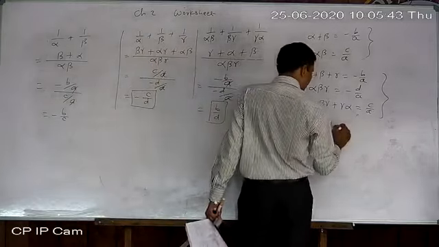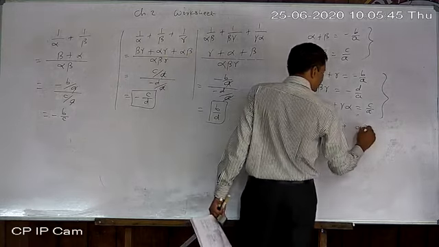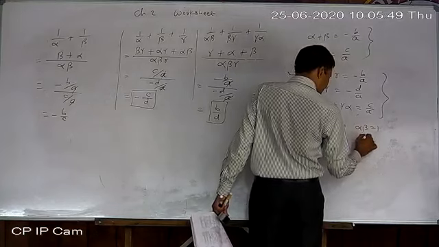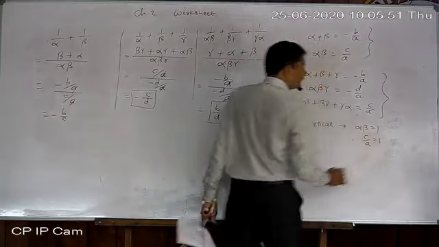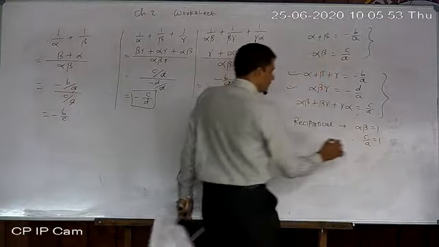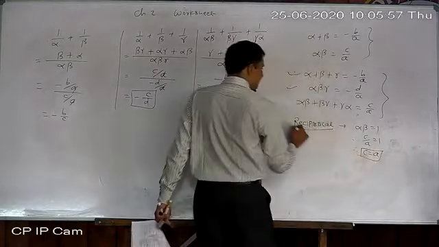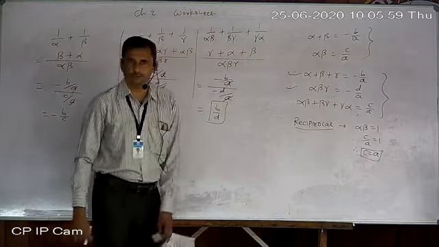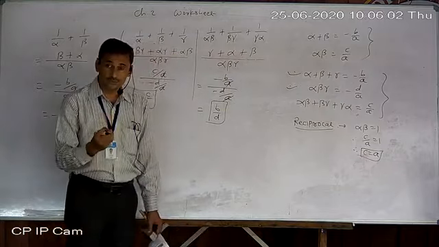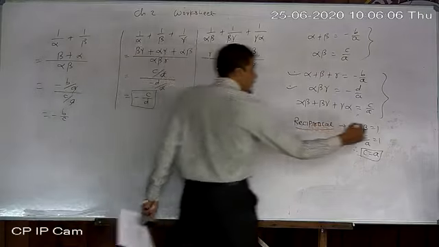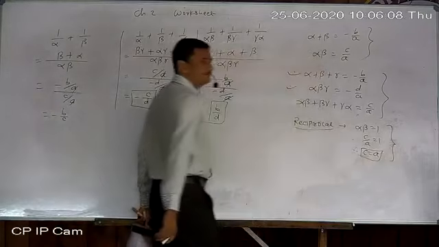So in that case, alpha beta equal to 1. Alpha beta means c upon a equal to 1. Therefore, c equal to a. So whenever you come across this word for a quadratic polynomial, that roots or zeros are reciprocal of each other, at that time you conclude this one.